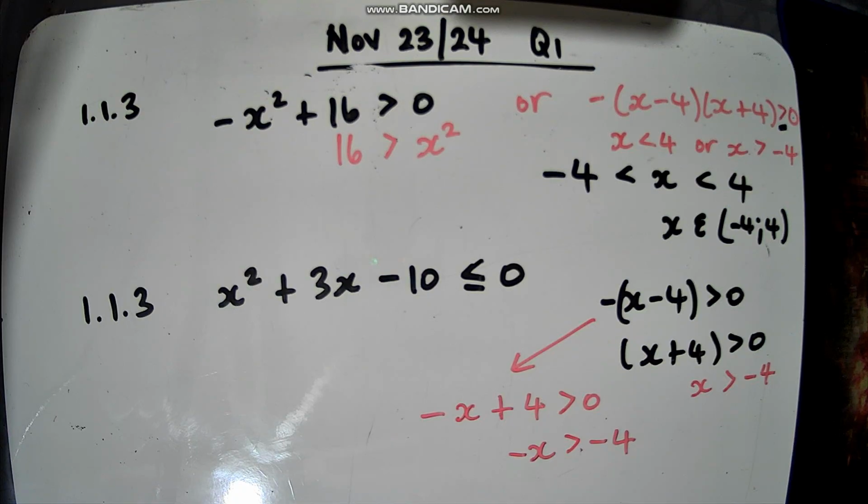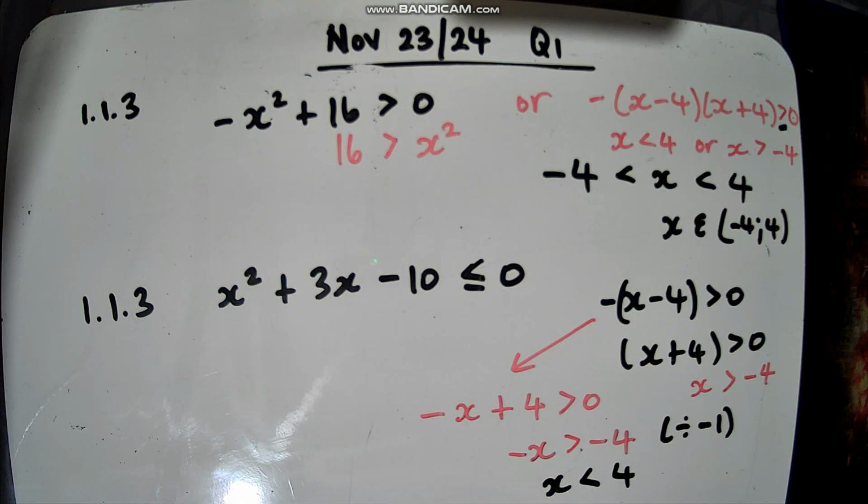Don't forget, when you divide by a negative, the sign flips. So to solve for x, we have to divide by a minus 1 on both sides. So if I divide minus x by minus 1, it becomes a positive x. And I will also do that on the right hand side. But when I divide by a negative, the sign flips. Okay, and that's how I get x is less than 4.